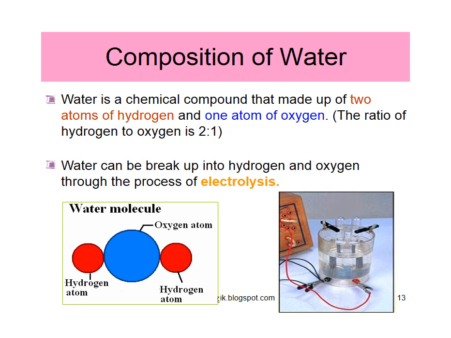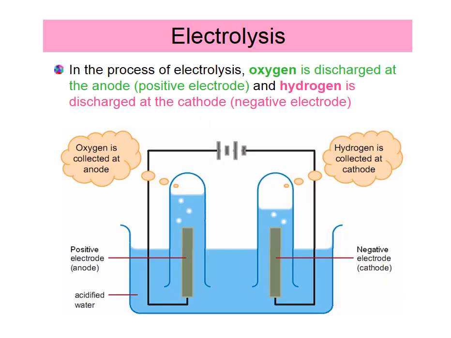Water can be broken up into hydrogen and oxygen through the process of electrolysis. So this is the water molecule, with 1 oxygen atom and 2 hydrogen atoms. The process to break down the water, we call it electrolysis.